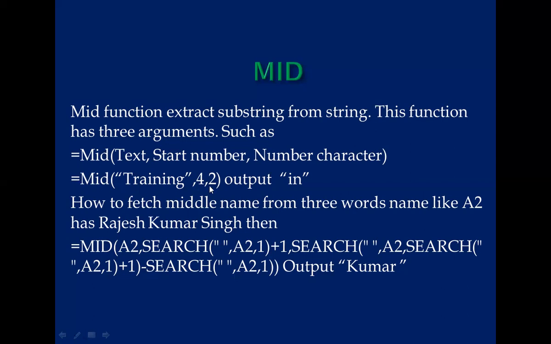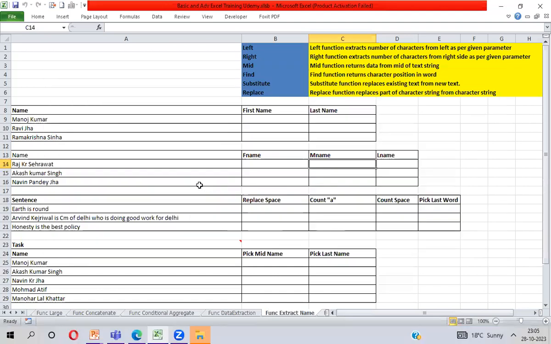So let's see the practical approach, how we can do it. Here I want to pick the middle name, but I will apply the basic MID function first. In the MID function, the first parameter is text. So I'm taking the reference of Raj Kumar Sairawat, comma, start number, which means from which character number you want to pick the middle name.